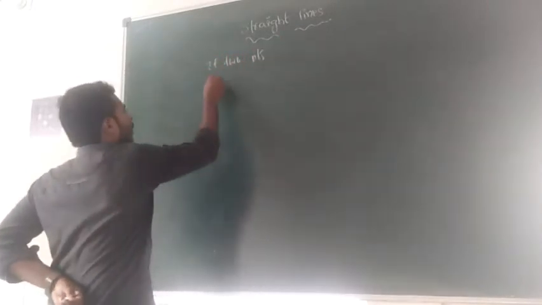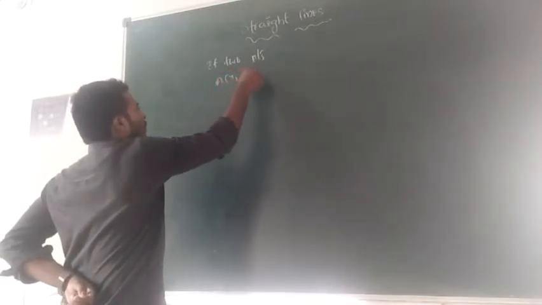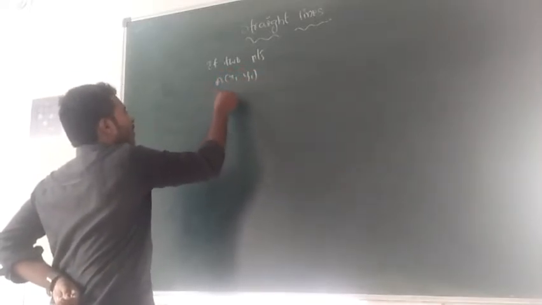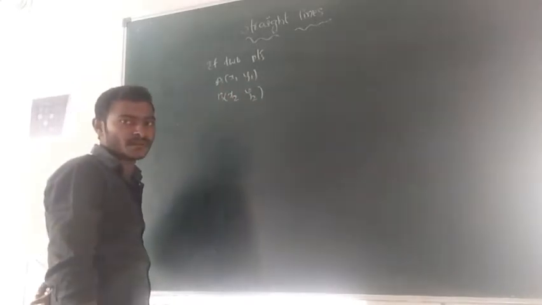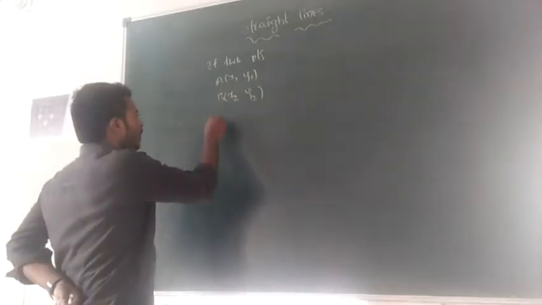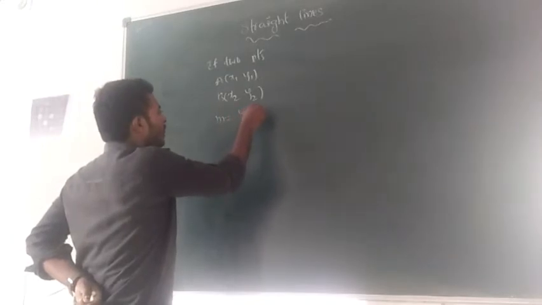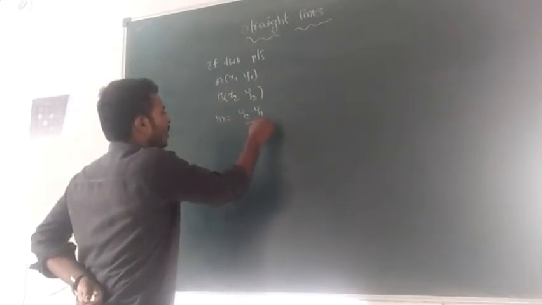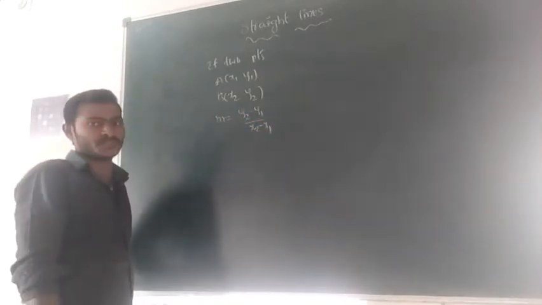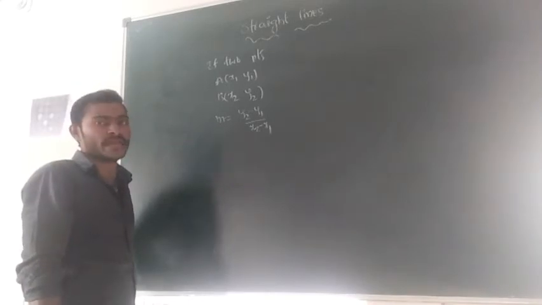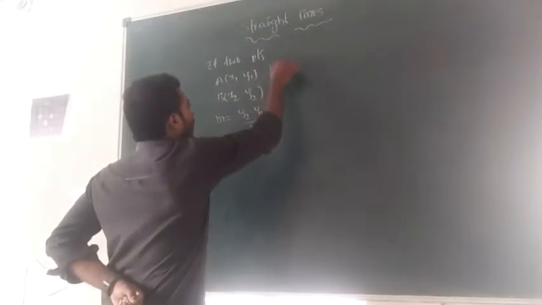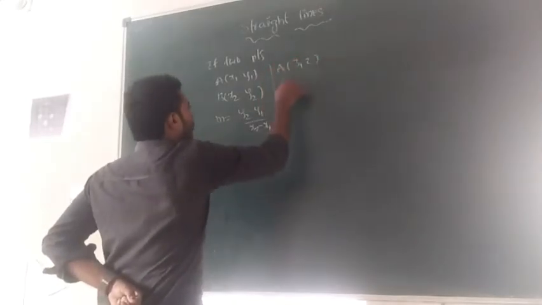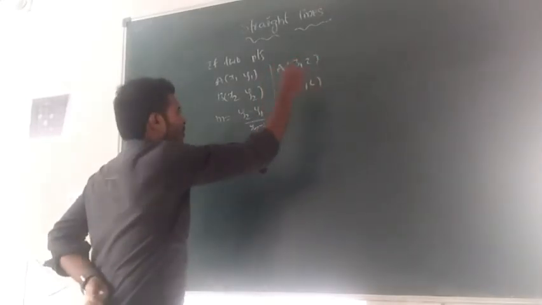Now, if two points A of x1, y1 and B of x2, y2 are given, then the slope is equal to y2 minus y1 by x2 minus x1. For example, suppose A of 3 comma 2 and B of 5 comma 6 are given.